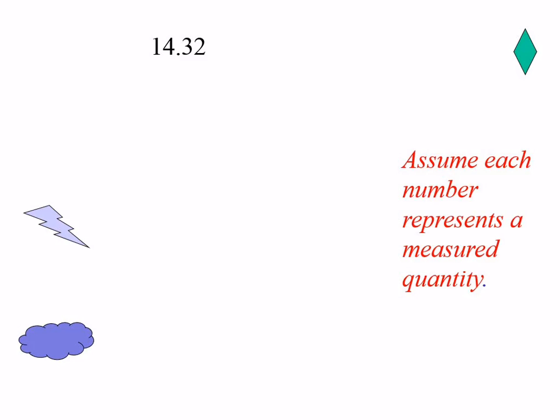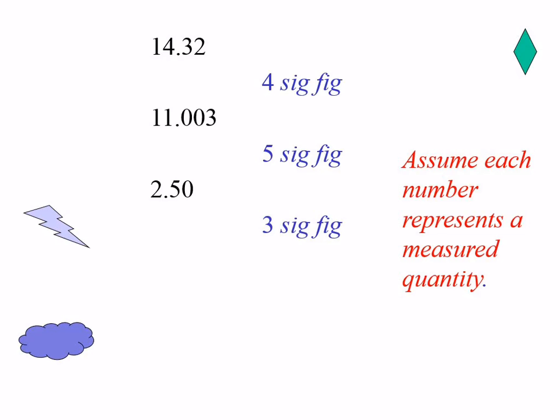So how many sig figs in this first one? I'm liking it. Very good. How about this one? Very good. How about this one? Very good. 2 or 3? 3. Nice, because that's a trailing 0.